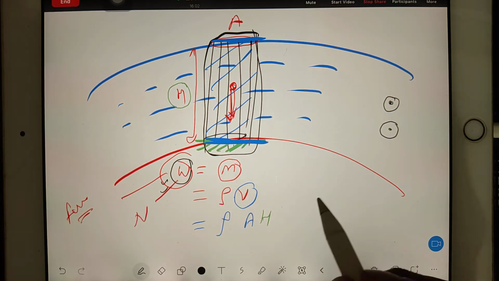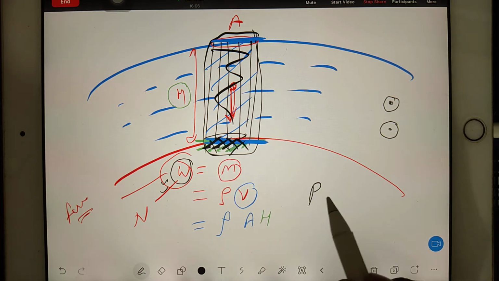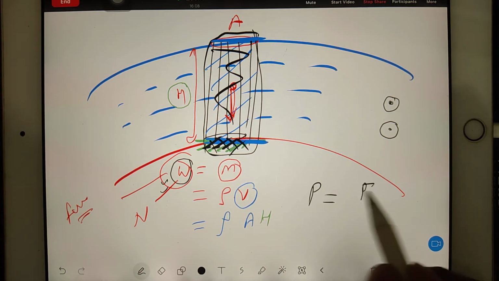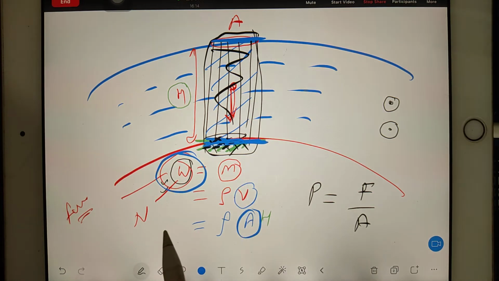Now if you want to define the pressure exerted by this column exactly at the bottom, that pressure is force by area. How much force? That is equal to weight. How much area? This area, here. So weight divided by area on both sides, you are actually getting rho and h.